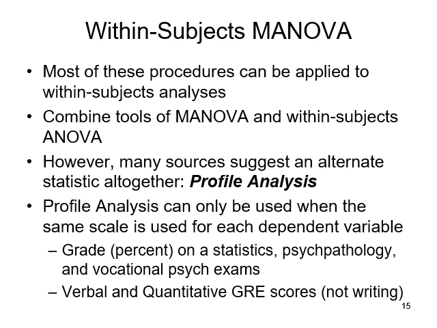So if you can take those DVs and get them all into the same scale, you can use a profile analysis, which actually is a more powerful technique to look for within subject differences with multiple IVs and multiple DVs. If you can't, then a within subjects MANOVA is appropriate.